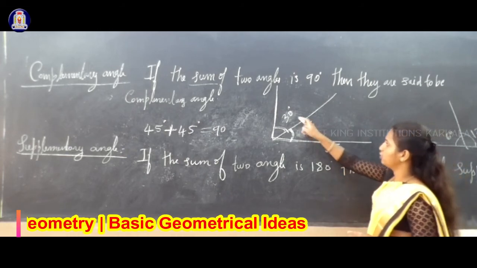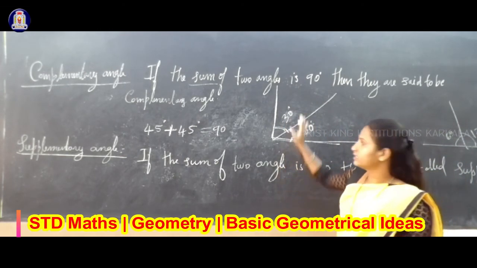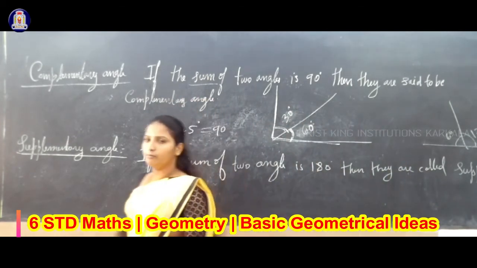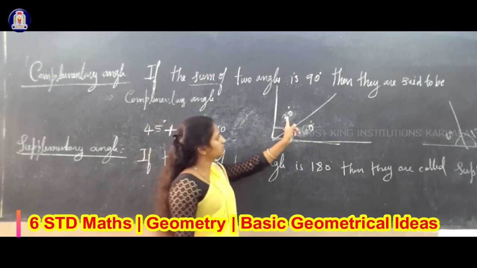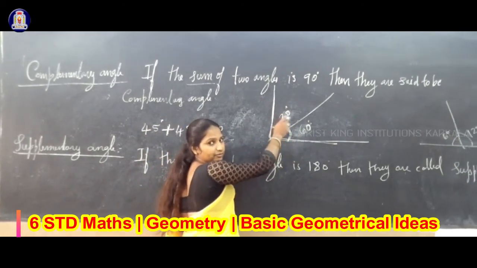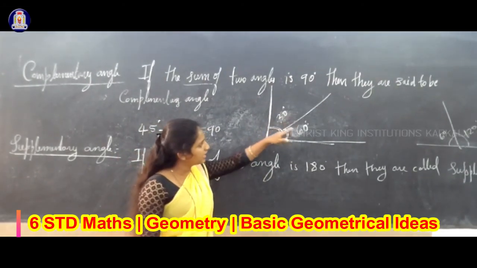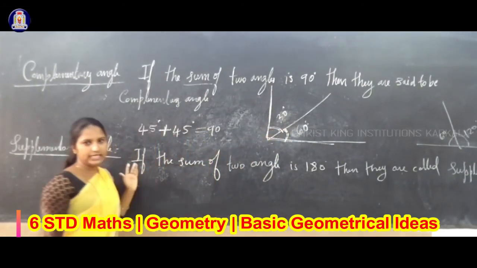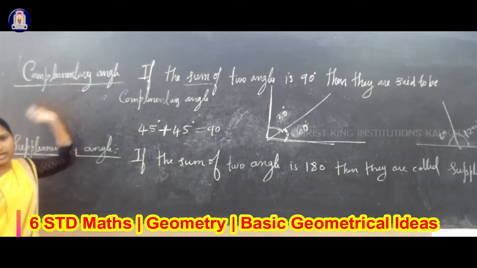Maybe if this is 20 degree, then this is 70 degree. 20 plus 70 is 90 degree. That is complementary angle.